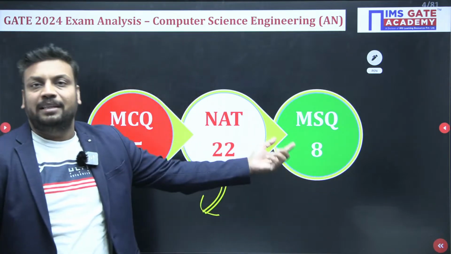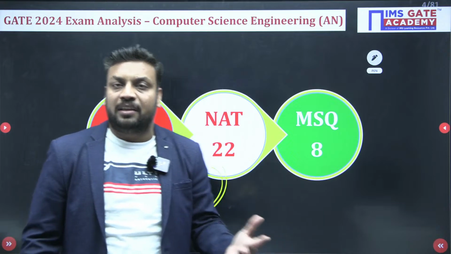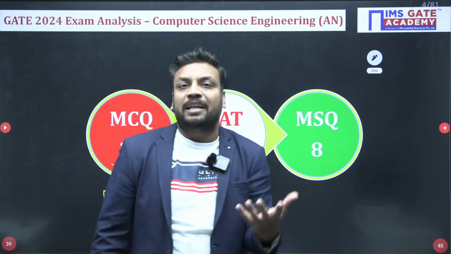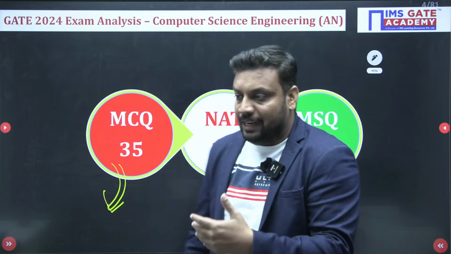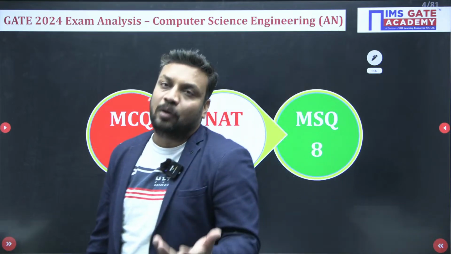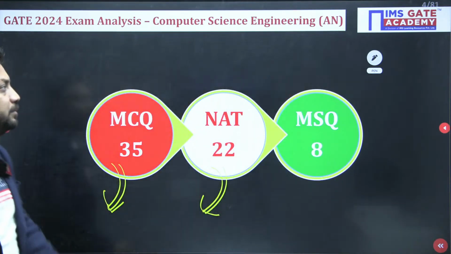You know that in MSQ and NAT we don't have negative marking. Again, in NAT questions we don't have the advantage to eliminate the options, as we do in MCQ questions.